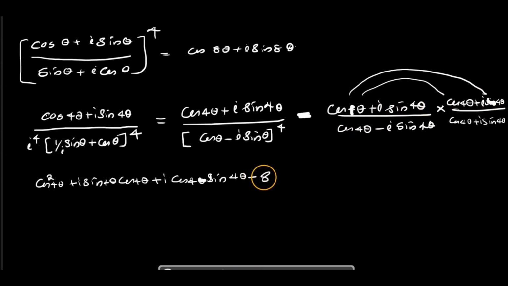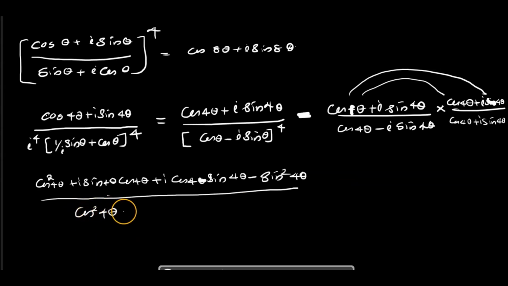That means minus sin square 4 theta, and divided by, this is a minus ib, a plus ib. That means cos square 4 theta plus sin square 4 theta. We know that this is equal to 1.